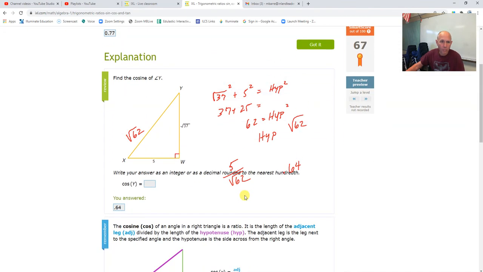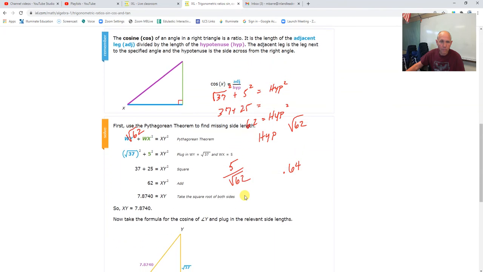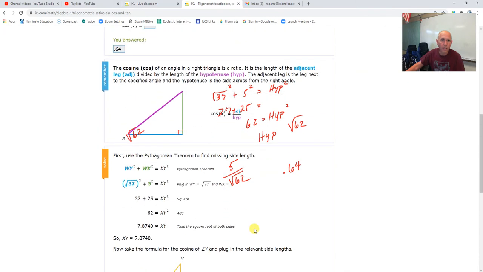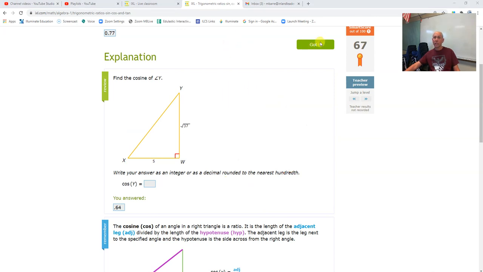Where did I mess up? Oh, it was adjacent. Did I go opposite? I did. Cosine, sine is up. I messed it up. I did sine. Okay, I got it. That's why I need those notes in front of me, the ones that I erased earlier.